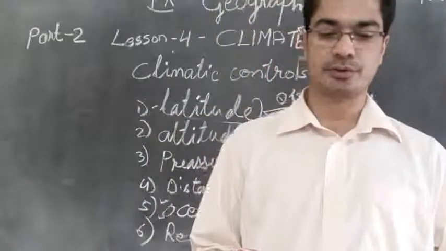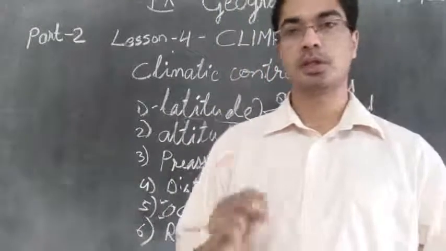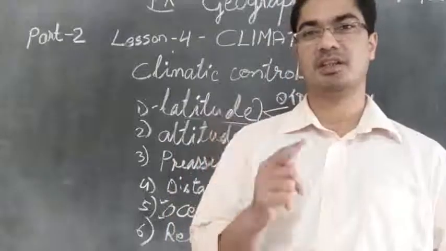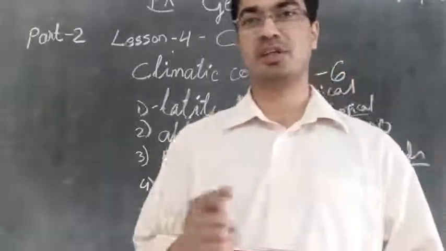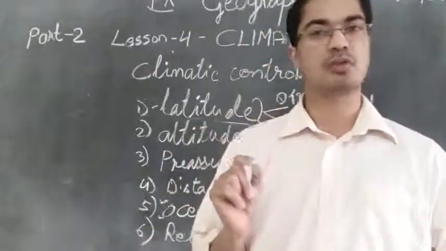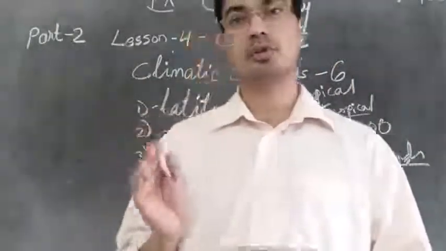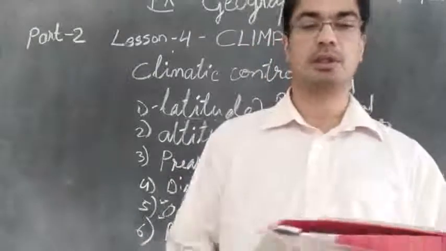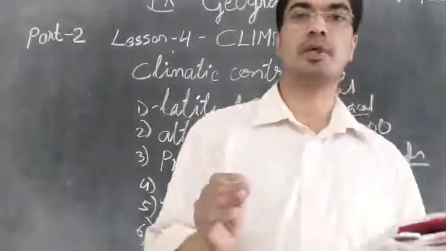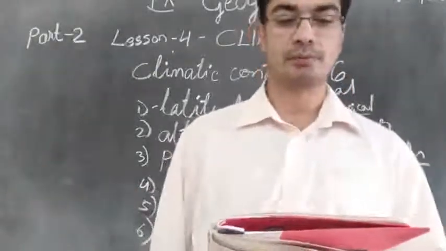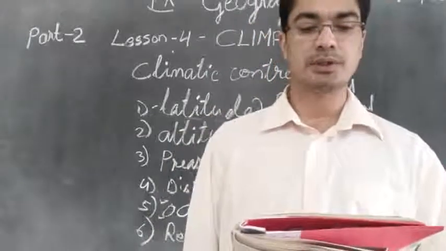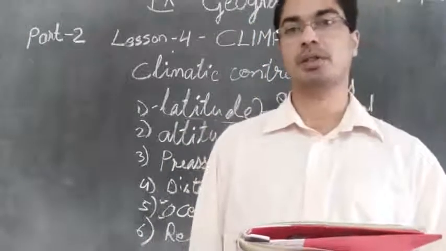What is Coriolis force? It's because of the Earth's rotation. We learn that the Earth is rotating on its axis. Because of that rotation, the wind becomes weaker and weaker, and moves on towards the equatorial low pressure area.